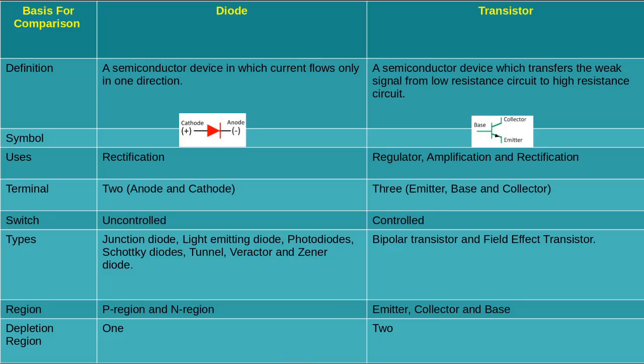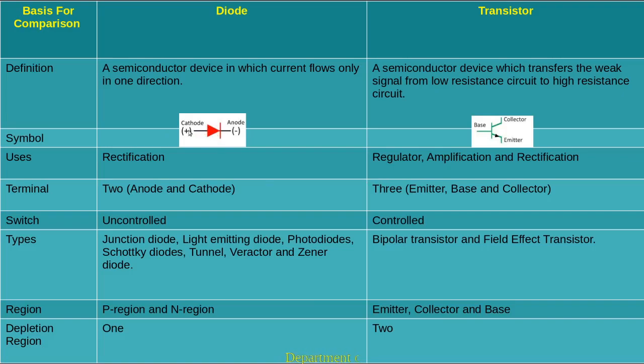Here is a simple comparison between the diode and transistor. As per the definition, a diode is a semiconductor device in which current flows only in one direction, while a transistor is a semiconductor device which transfers the weak signal from low resistance circuit to high resistance circuit. A simple diode is here.